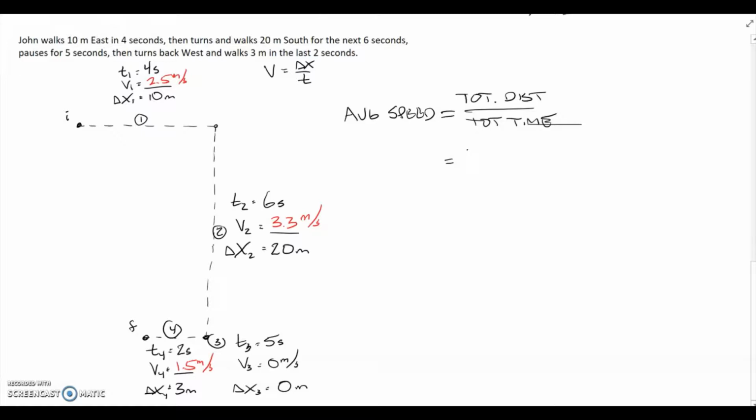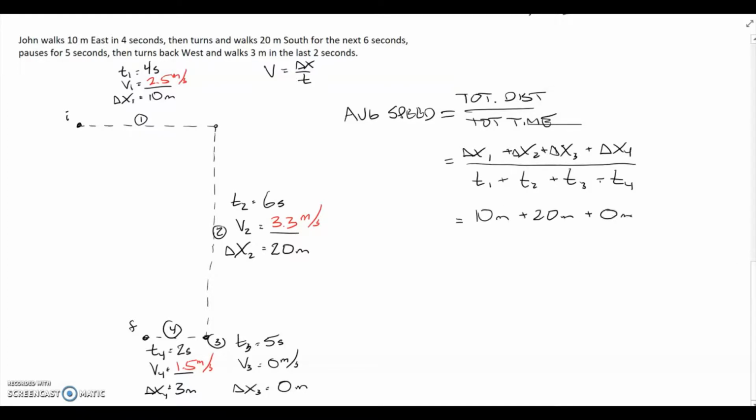So in this case, it's going to be the displacement from 1 plus the displacement of 2 plus the displacement of 3 and the displacement of 4. That would be how I would add them all up. And then my time of 1 plus time of 2 plus time of 3 plus time of 4. And when I plug in my values, I get 10 meters plus 20 meters plus 0 meters plus 3 meters.